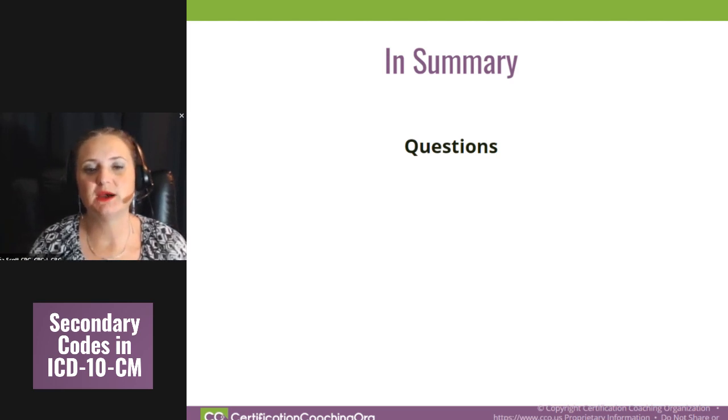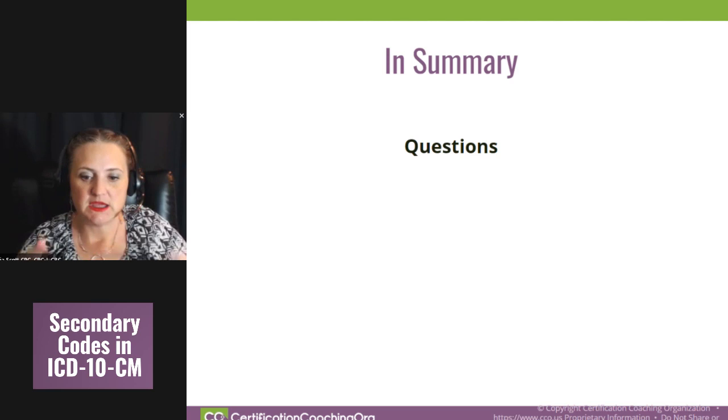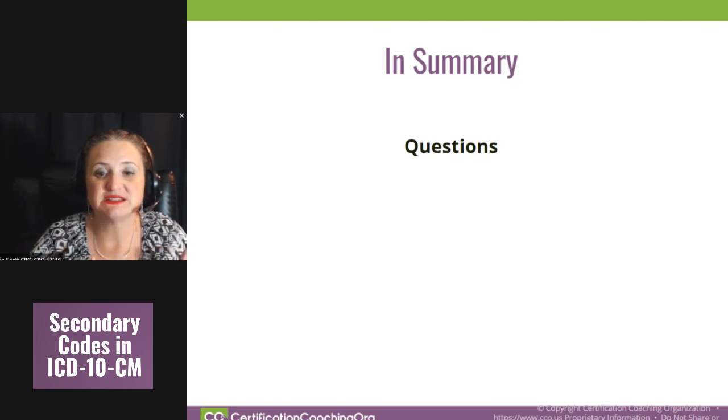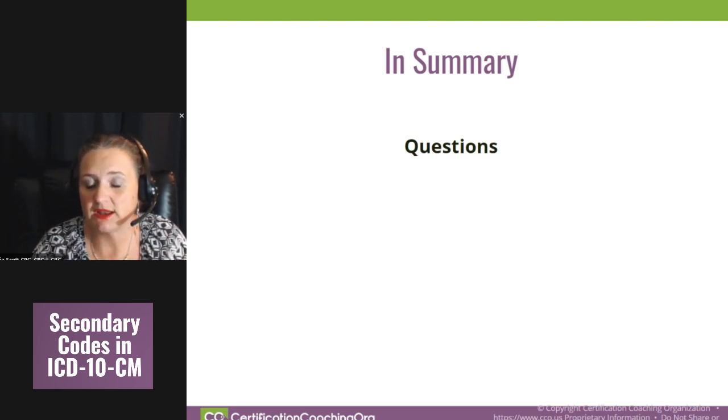Okay, so I want to just summarize a little bit. When something is secondary, it is part of the disease process, versus etiology, manifestation, things like that. So you're going to see words like "due to," right?